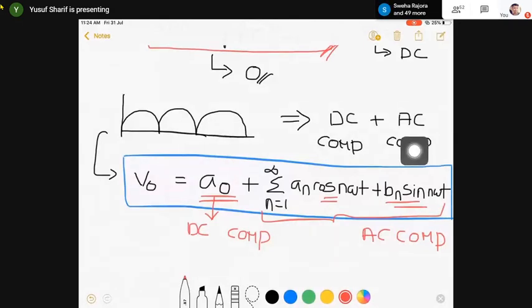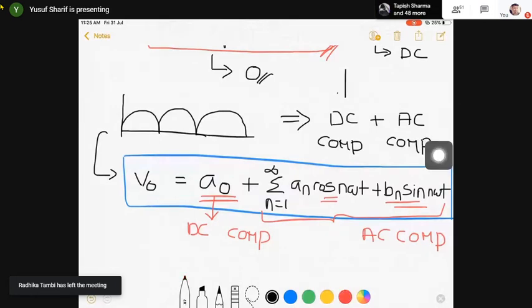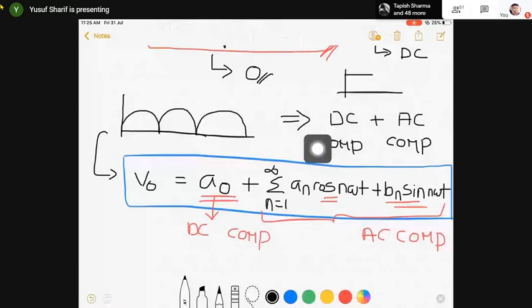ठीक है? But ideally, what is that I expect from a pure rectifier? Rectifier के बाद में, ideally, I expect my result to be pure DC. Result क्या चाहिए मुझे? Pure DC चाहिए. But what is that I have? I have the DC component along with my AC component, where this AC component is something which is unwanted to me.